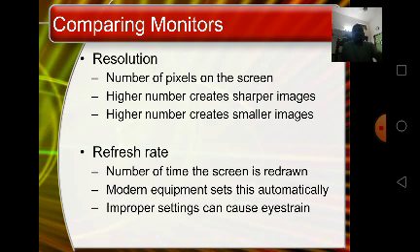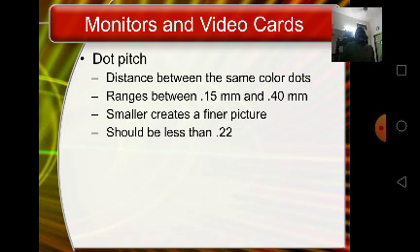Next difference is dot pitch. The last critical specification of a color monitor is the dot pitch, the distance between like colored phosphorus dots of adjacent pixels. In other words, if you measure the distance between the red dots of two adjacent pixels, you are measuring the monitor's dot pitch.